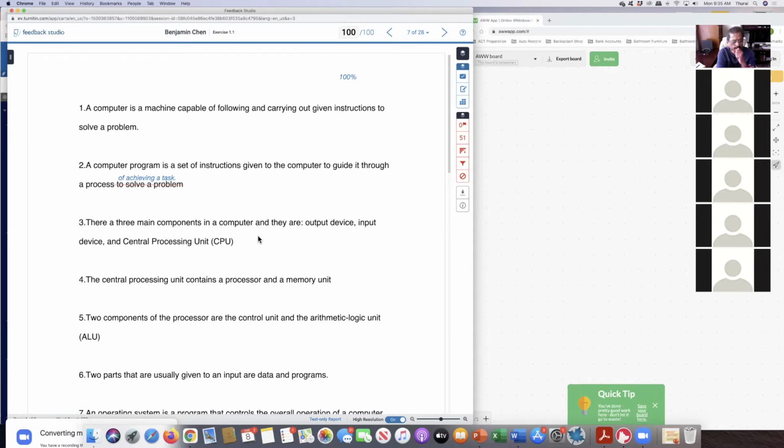For some reason it happens that way. If I reload it, then you'll be able to see it. So if any one of you have trouble seeing your feedbacks, just send me an email message. I just have to reload it, then you'll be able to see it.